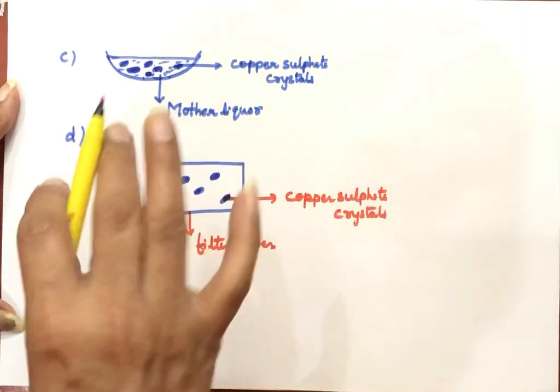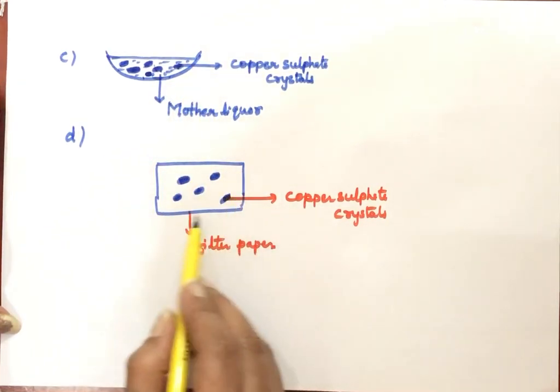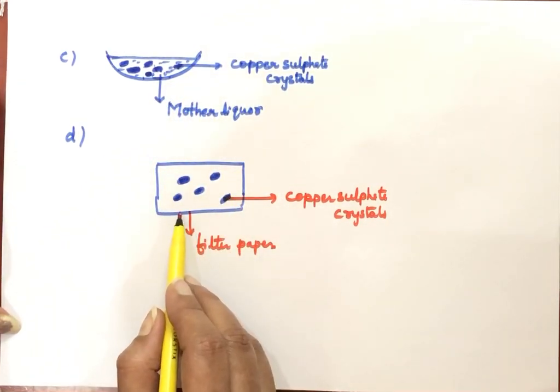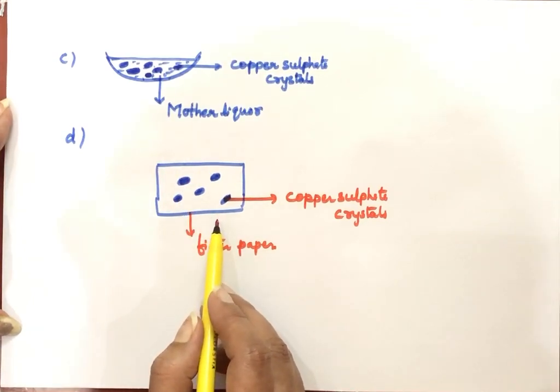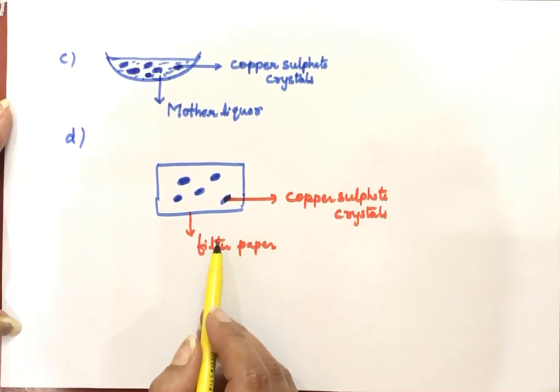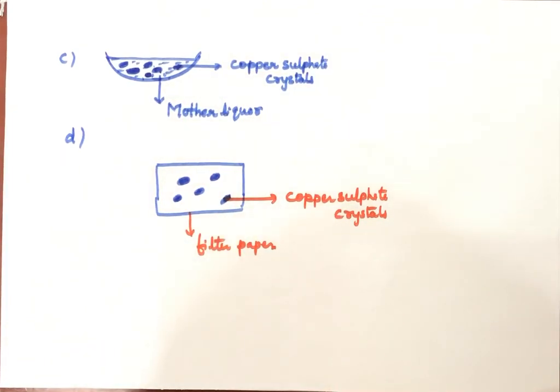Just remove the liquid, throw that liquid away, and collect the copper sulfate crystals on a filter paper, and dry the copper sulfate crystals by folding them in the filter paper, and we'll get the pure copper sulfate. So this is the method called crystallization, which is used to remove the impurities from the salt.